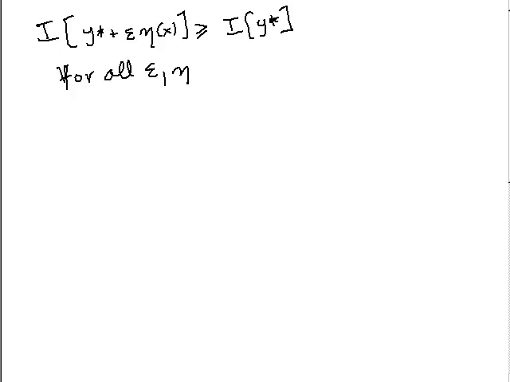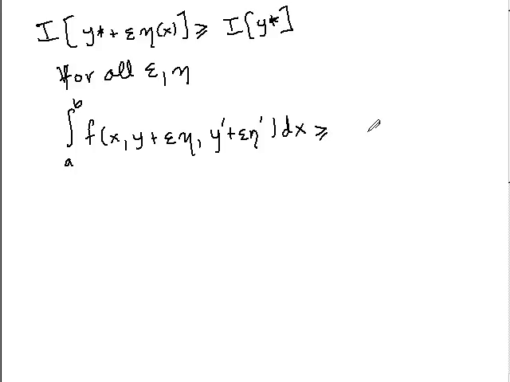What we have now is that the integral from a to b of f of x, y plus epsilon times another function, and y prime plus epsilon eta prime, is bigger than or equal to the integral from a to b of f of x, y, and y prime, because that's exactly the integral of y plus epsilon eta.